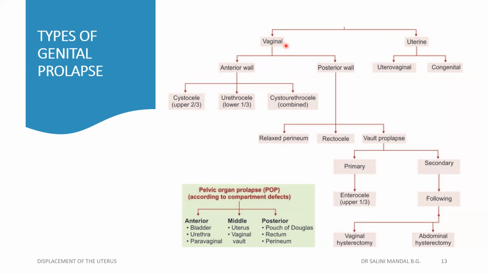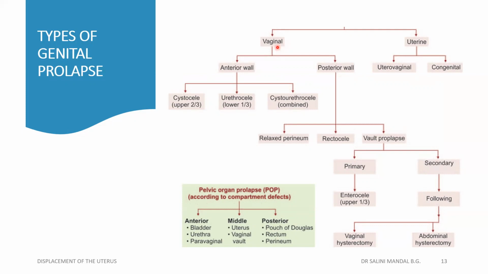So it is not necessary for a lady who has vaginal prolapse to have uterine prolapse also. But when a lady definitely has a uterine prolapse, we can see that she also has a little degree of vaginal prolapse. That is what they mean.